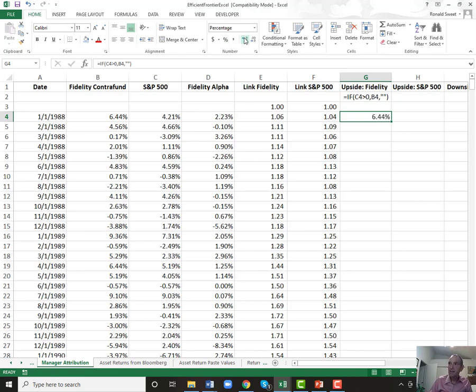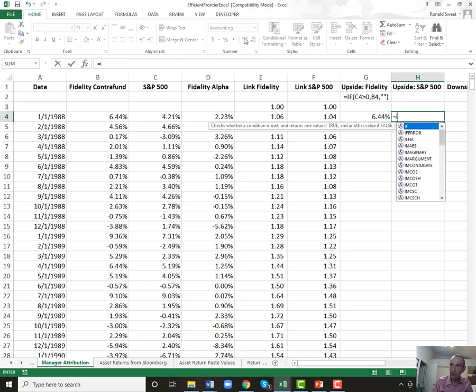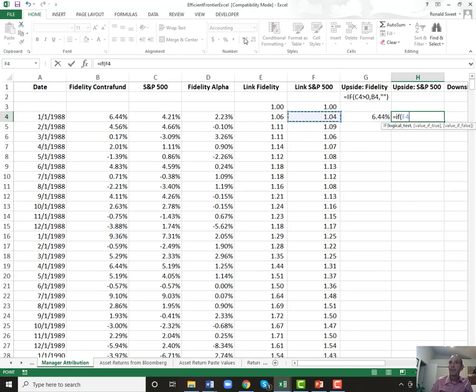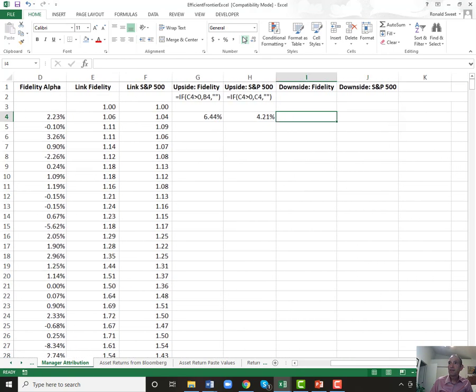We'll do the exact same thing with the S&P 500. The exact same formula almost. We'll say if the S&P 500 is greater than 0, in this case I want the S&P 500, otherwise give me nothing. All right. Exact same thing on the downside.